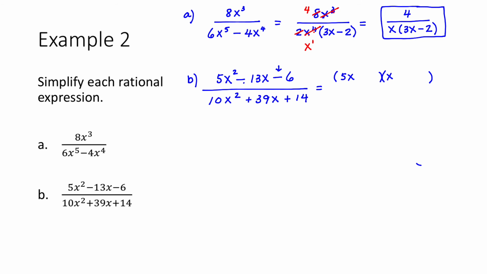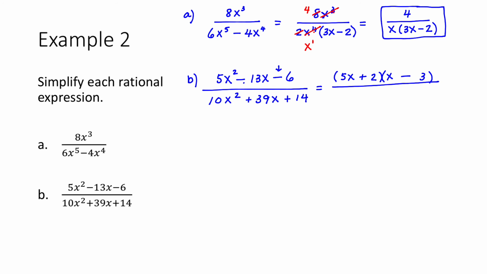So let's do a 3 here and a 2 here. 5x times 3 gives me 15, and I'm going to want that to be a negative 15. And then the 2 times the x gives me 2x. And so this way my inner and outer terms are going to combine to make negative 13x. Right.